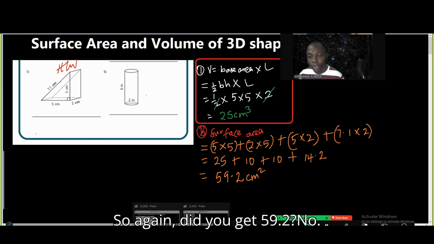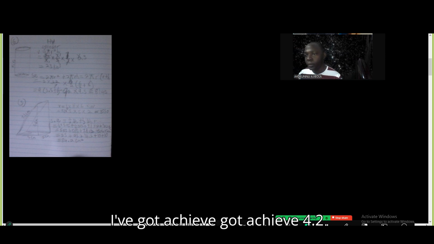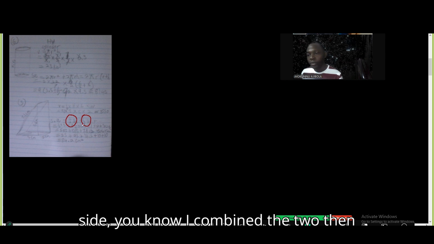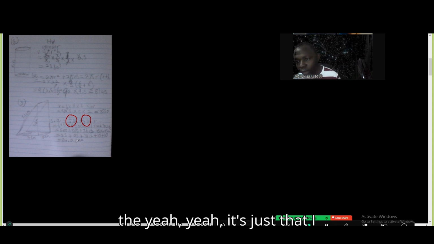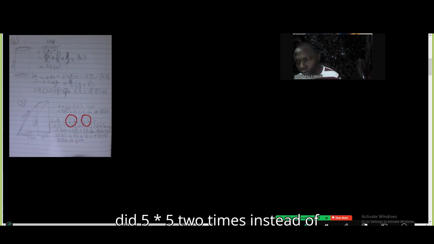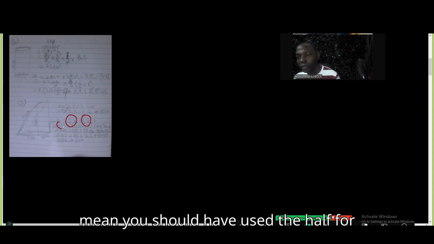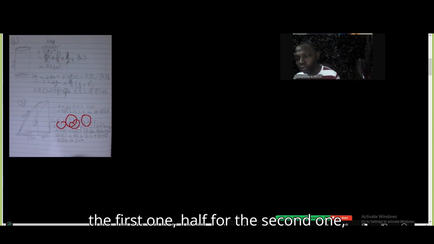So again, did you get 59.2? No, you didn't get it. I got 84.2. And you got your formula. You said half base times side, half base times side. I combined the two. Yeah, I just thought I did 5 times 5 two times instead of once. Okay, and that means you should have used the half for the first one, half for the second one, right?